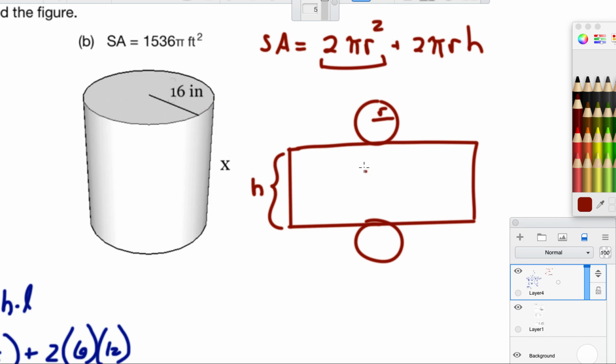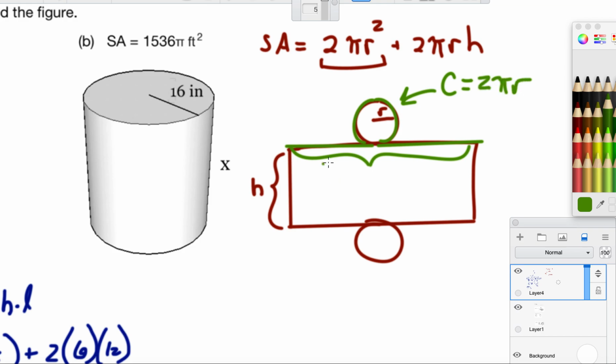But this edge here, let's find maybe a green. This wraps around this half of the cylinder, and then this side wraps around here. So this length here is the same as the circle's circumference, which is 2 pi r.